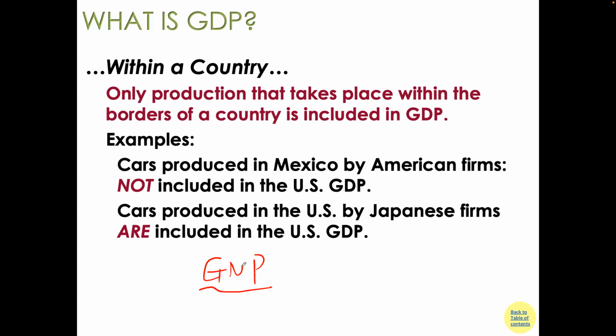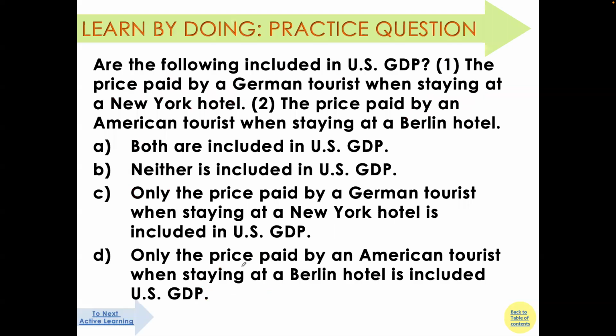Their difference is very small. Essentially, one focuses on geography, the other on nationality, and there's a reason why they differentiate. I'll skip this for now, but if you're interested, just ask me. Now let's look at a practice question.